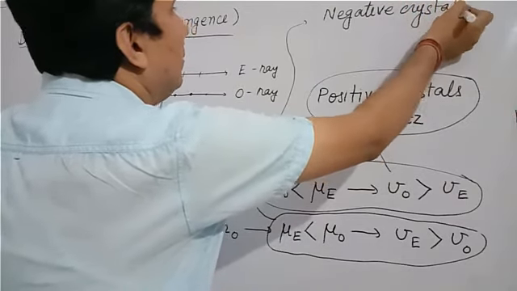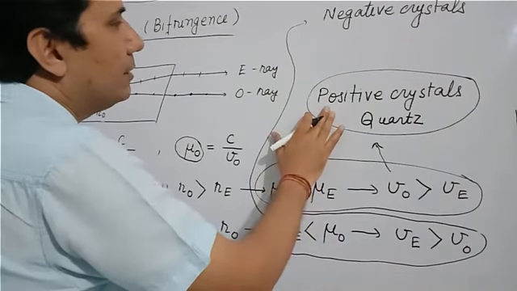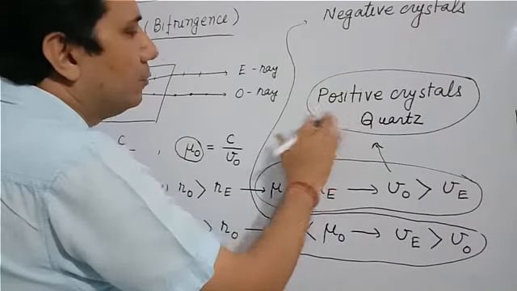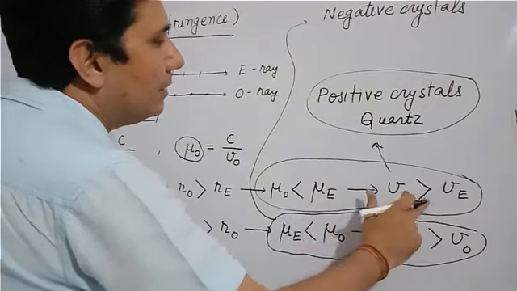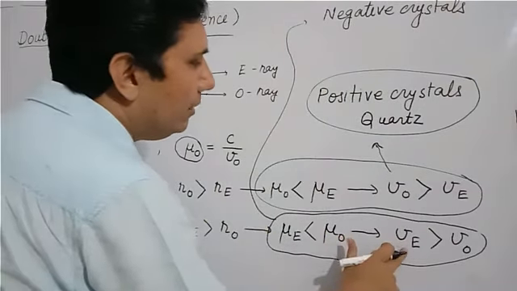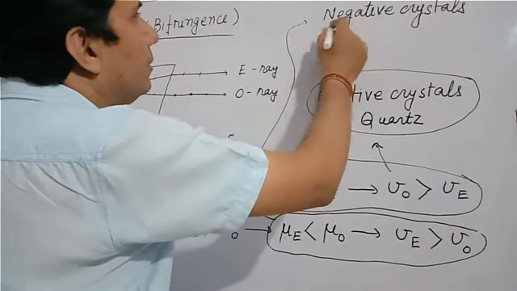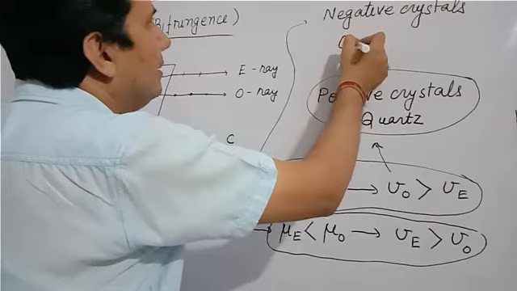So there are two types of crystals. One is negative crystal, another is positive crystal. Positive crystals are those for which VO is greater than VE. Negative crystals are those for which VE is greater than VO. An example of negative crystal is calcite.